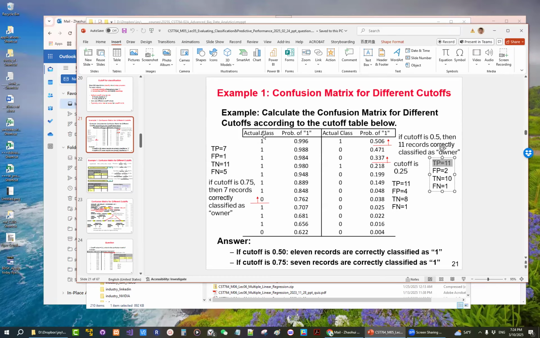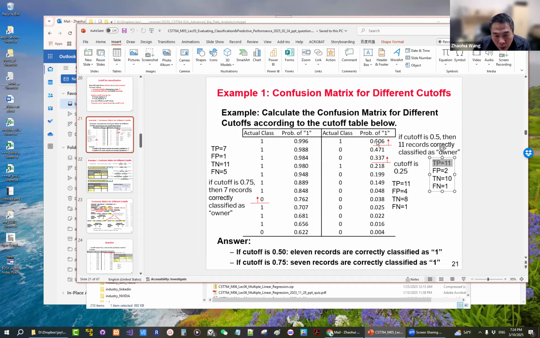The actual class 0 or 1 will be here. You can see the 1, 1, 1. This is actual 0, but the predicted is 1. In this case, the predicted is 1, but actual is 0.